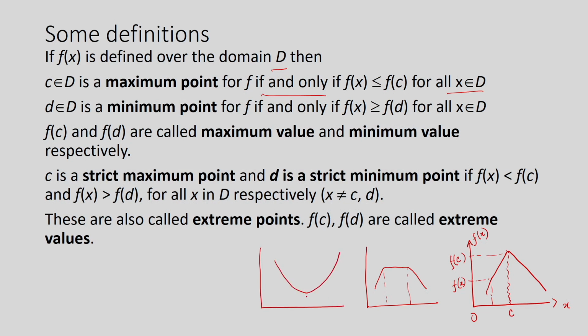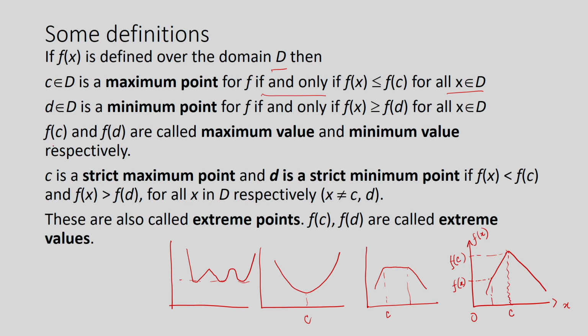Here you have the minimum point, or it could be a weak minimum, not a strict minimum. So, you have something like this, right. All these are at the same value. Therefore, you have multiple minimum points. So, these are not strict inequalities.